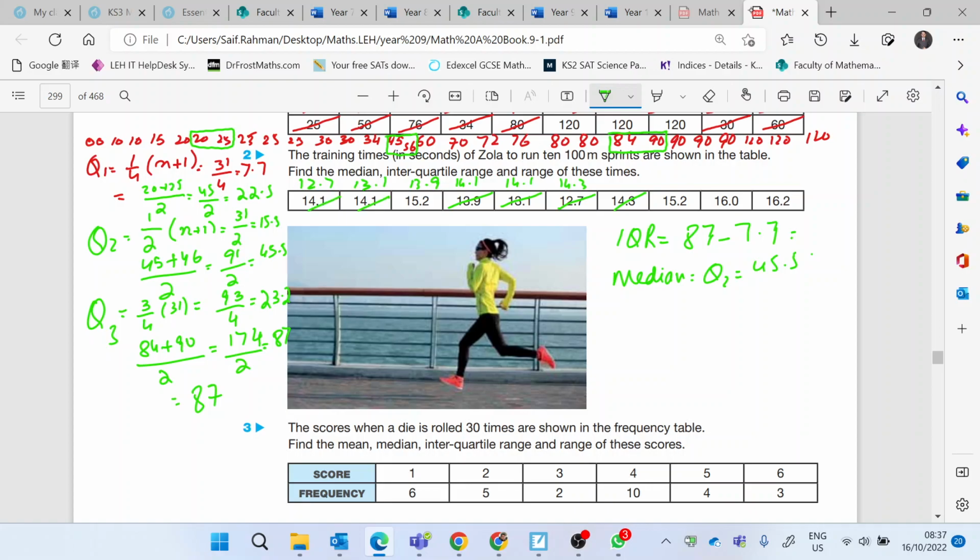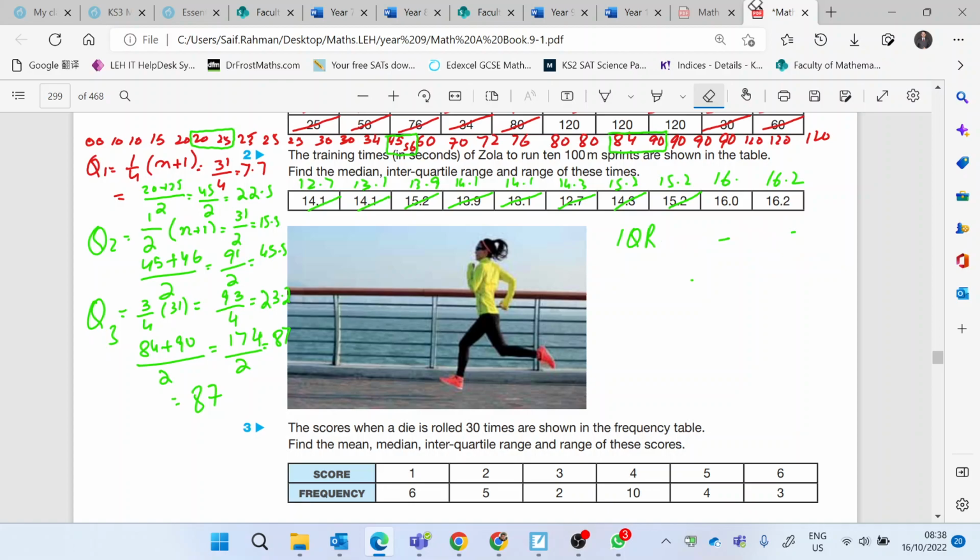Okay, and then we have got 15.2, cross them out, and then 15.2, this one, and 16 and 16.2. Okay, so we wrote them all in a sequence in ascending order. So 1 2 3 4 5 6 7 8 9 10. We have got 10 here.